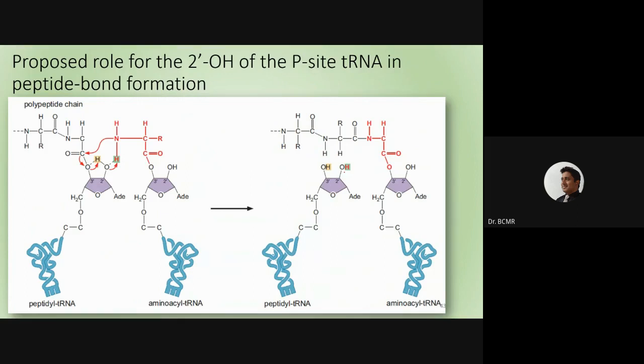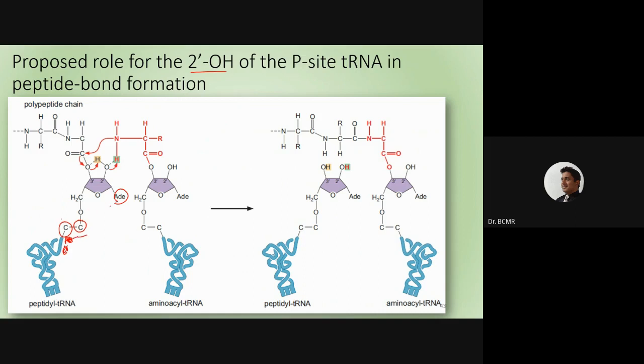Okay, so we discussed class 1 and class 2 in tRNAs. In class 1 you have the interaction. You have the sequence CCA, right? The adenine is here. This is CC, that is cytosine and cytosine, and then adenine.